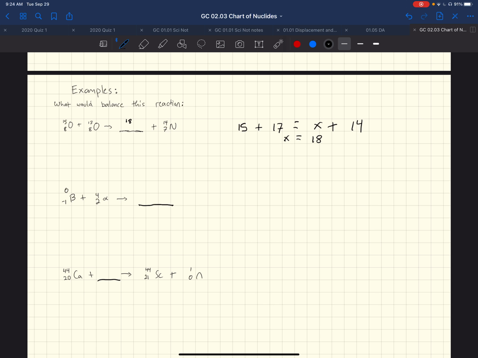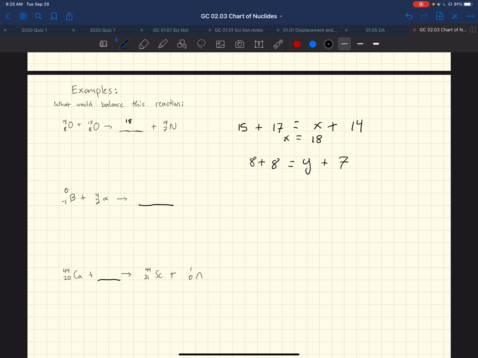Then I have to balance the charge. So that means that the sum of the atomic numbers on the left side has to be the same as the sum of the atomic numbers on the right side. So that means 8 plus 8 has to equal x, or here we'll do it as y plus 7.